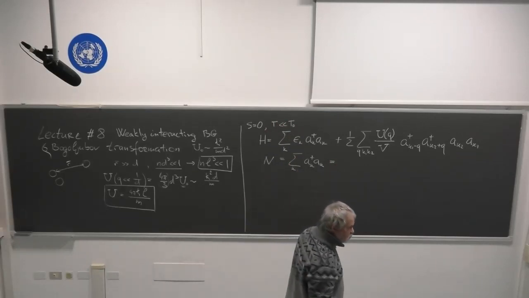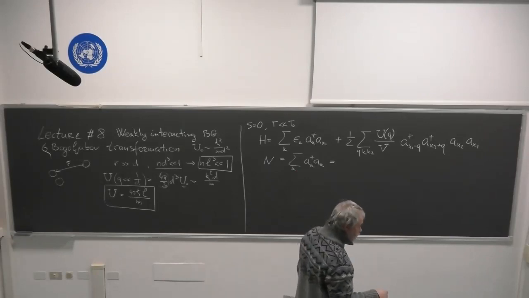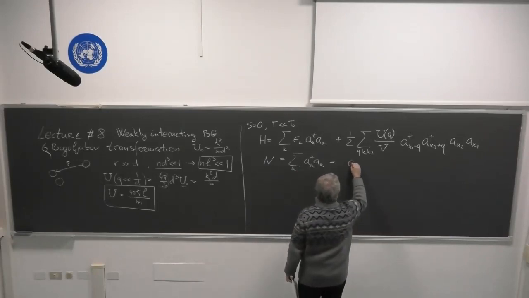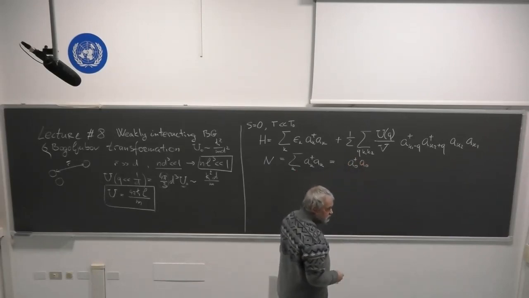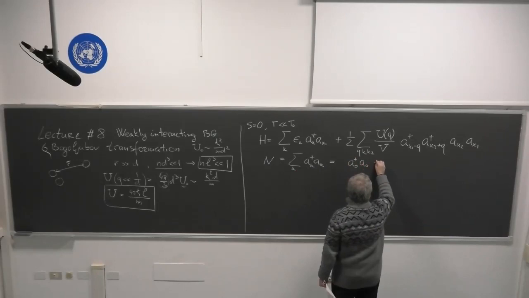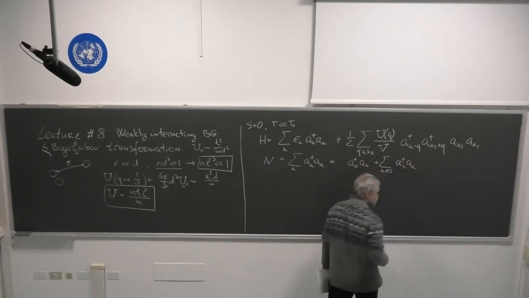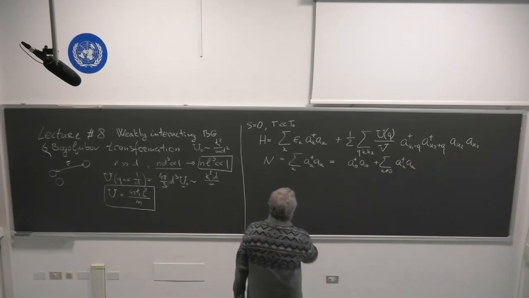Namely, Bose-Einstein condensation assumes that there is a macroscopic number of particles, of the order of 10 to the power 23, which occupy the state with zero momentum. Therefore, I need to write a dagger zero, a zero, which means k equal to 0, plus the sum over k not equal to 0, a dagger k, a k. Okay? So this is a Hamiltonian.